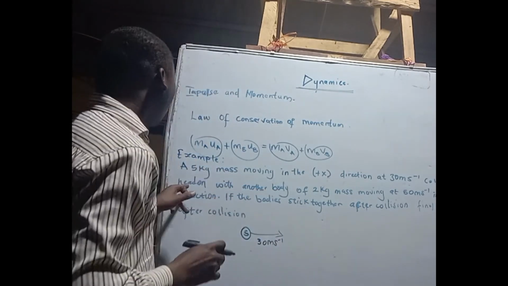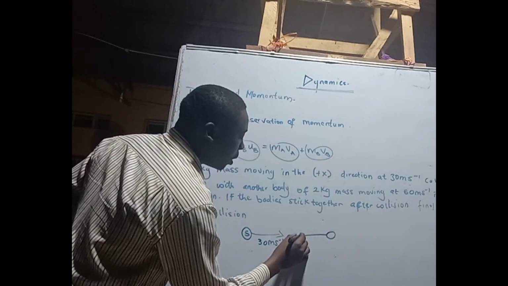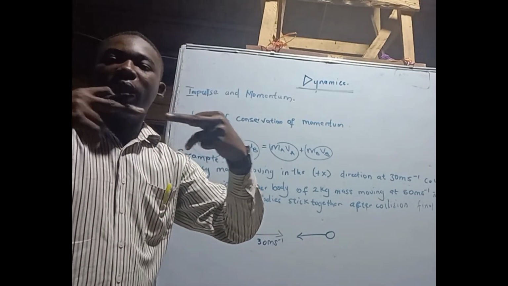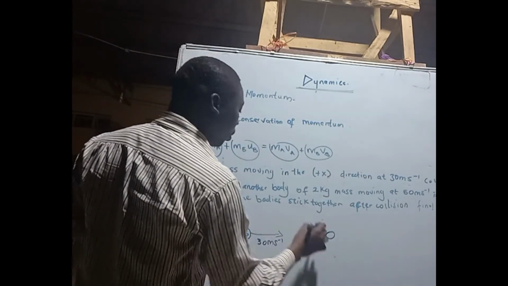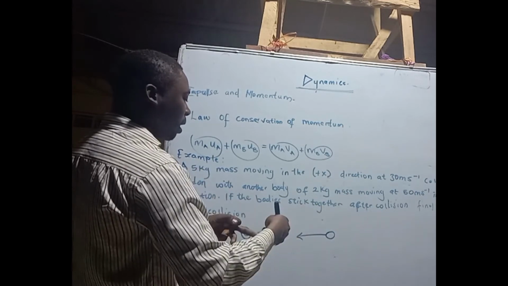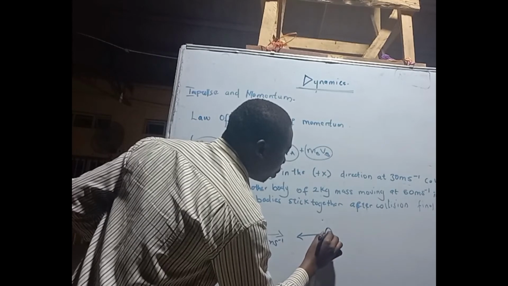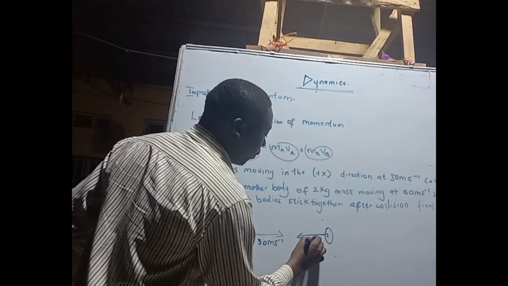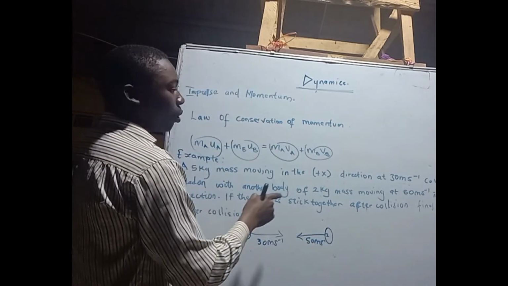What they mean by head on is that the other body comes toward it, and their heads collide. Do you get that? So from here, this is the direction they are coming together, they are negating each other. And we were told that the other one is 2 kg at 50 meters per second in the opposite direction.